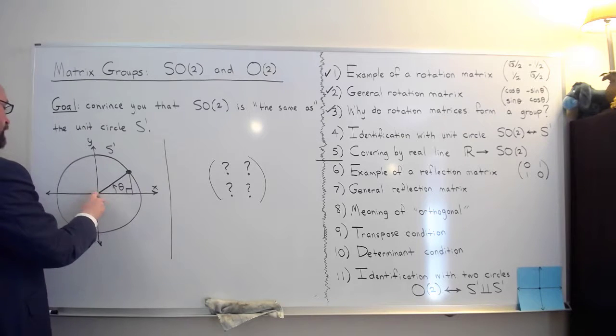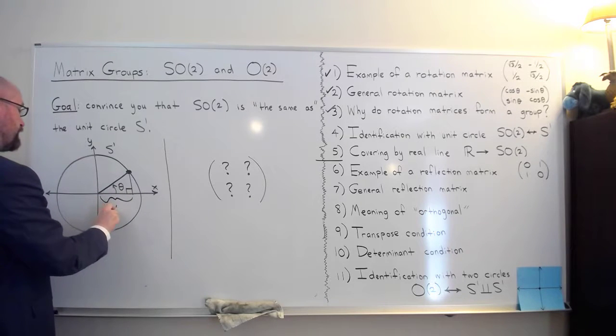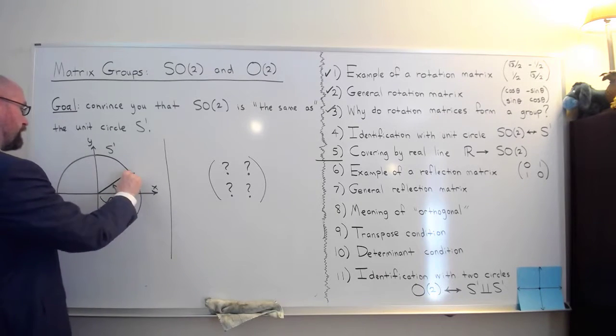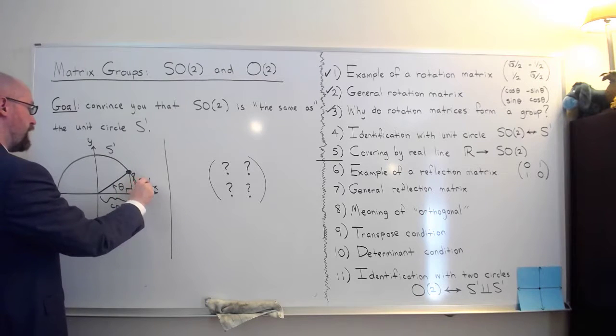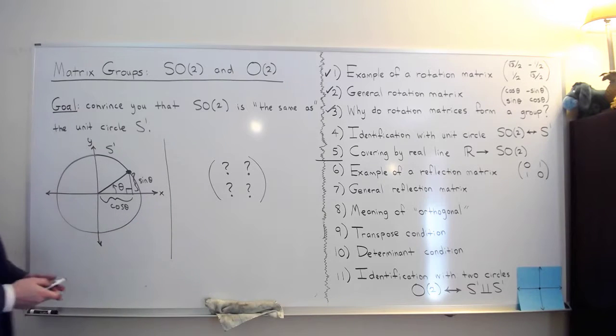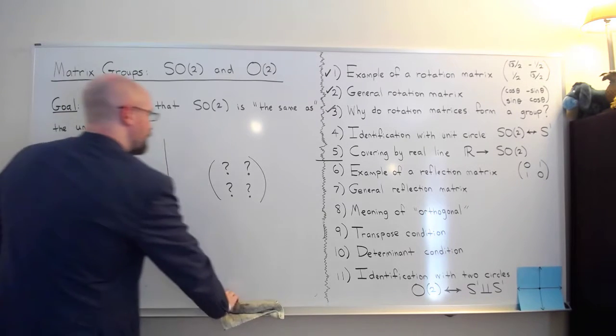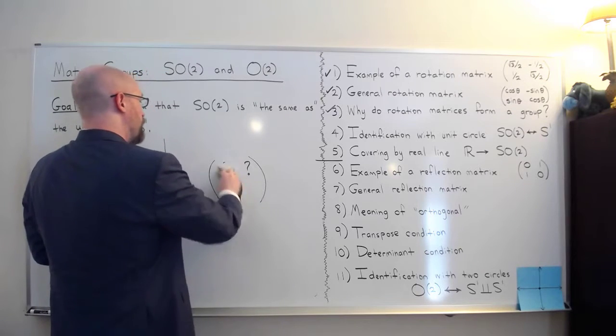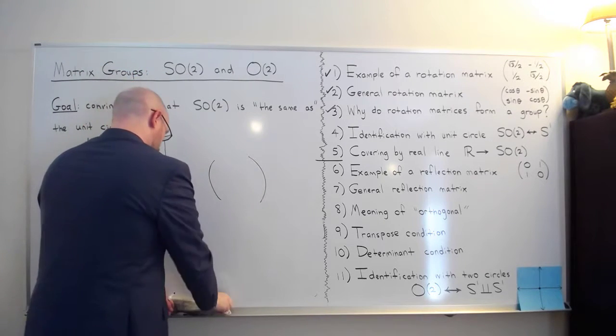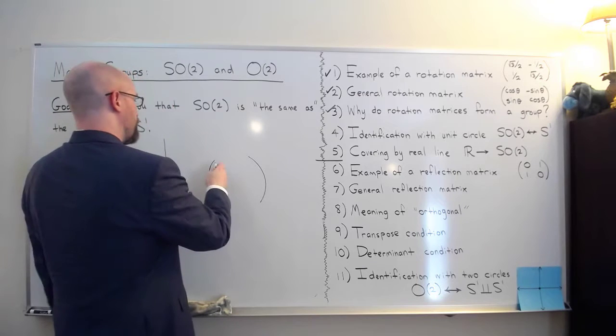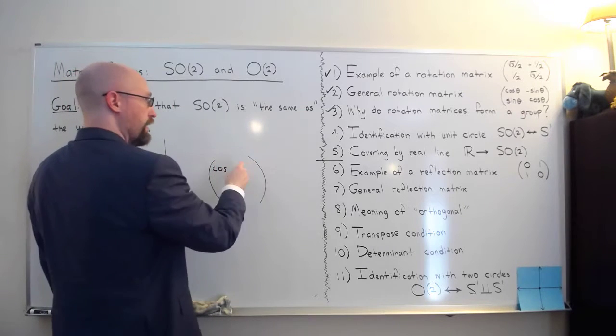That's fine. And then this distance here will be cosine theta. That distance there will be sine theta. And so given this point here, I can get a cosine and a sine. And then what can I do? Well, I can proceed to build a rotation matrix, which is that one there.